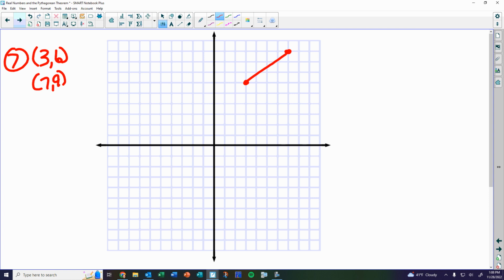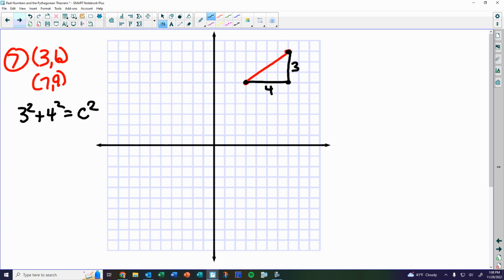Okay, well, I'm going to leave it red just to show, but I'm going to draw my legs. And again, I could go this way or I could go the other way. It doesn't matter. So from this point here to this point here, what's the distance? 4. And then from here to here is 3, right? So 3 squared plus 4 squared equals c squared.